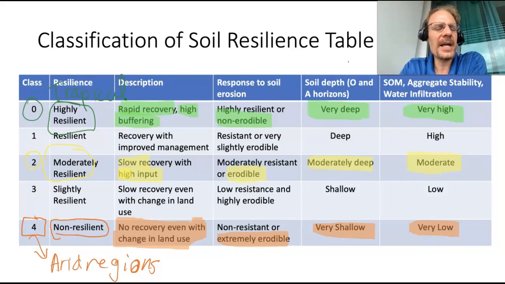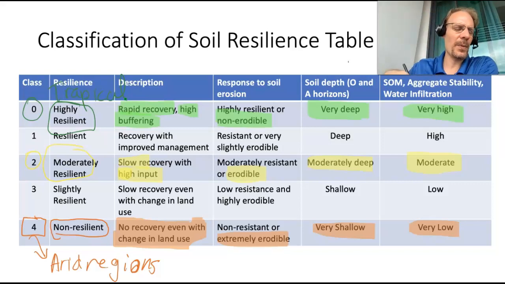But generally speaking, tropical soils tend to be more resilient, and arid region soils tend to be less resilient. And again, most arid soils are probably in the 2 or 3 classification, not the 4, but classification 4 is dominated by arid region soils.